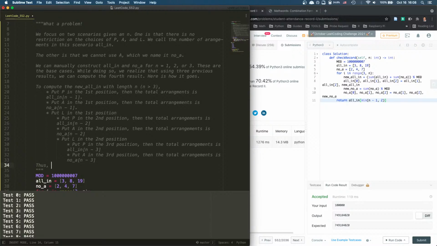Thus, the new all-in equals all-in n minus 1 plus all-in n minus 2 plus all-in n minus 3 plus no A n minus 1 plus no A n minus 2 plus no A n minus 3.